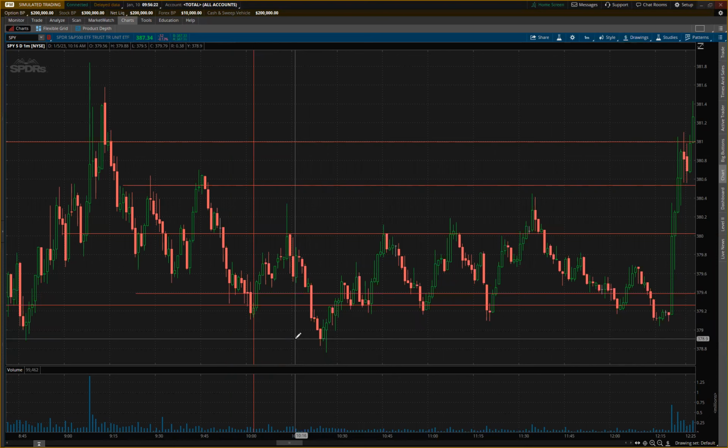But kind of getting back to what we're looking for. So we are looking for either 3 green candlesticks going up, or 3 red candlesticks going down. The caveat is they generally do need to be within these supply and demand zone lines that we've drawn.